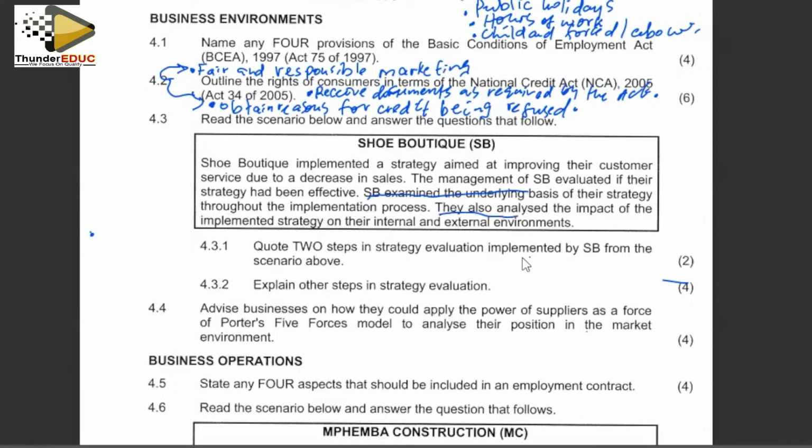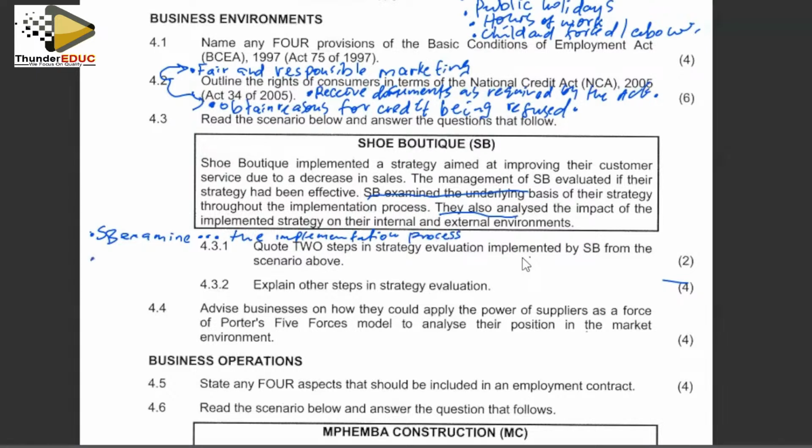Okay, right? We are saying that SB examined the underlying basis of the strategy throughout the implementation process.